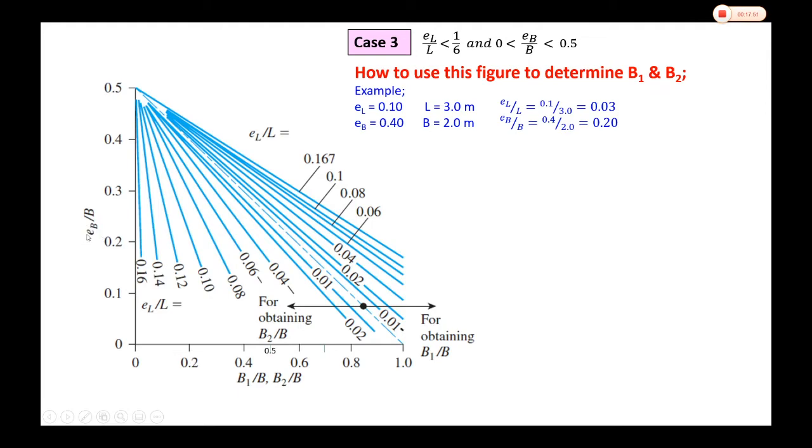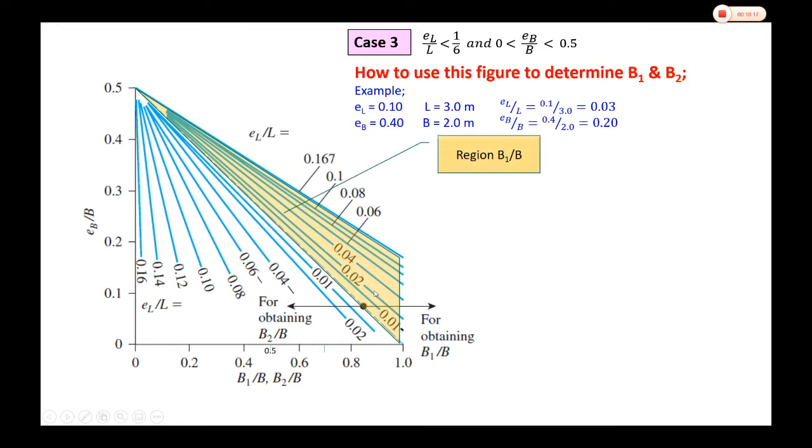We have eB over B, whereas previously in case 2 we had eL over L. Also, in case number 3 we have the ratios B1 over B and B2 over B, whereas in case number 2 we had L1 over L and L2 over L. So how to use this diagram is exactly similar to the previous one.